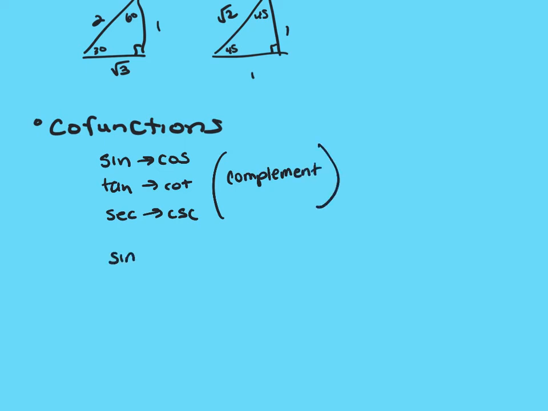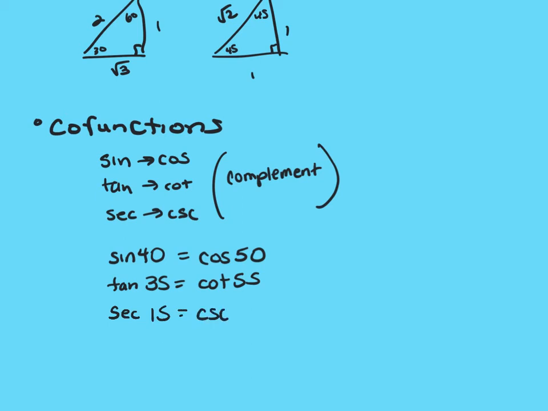So the sine of 40 is going to equal the cosine of 50. The tangent of 35 is going to equal the cotangent of 55. The secant of 15 is going to equal the cosecant of 65.